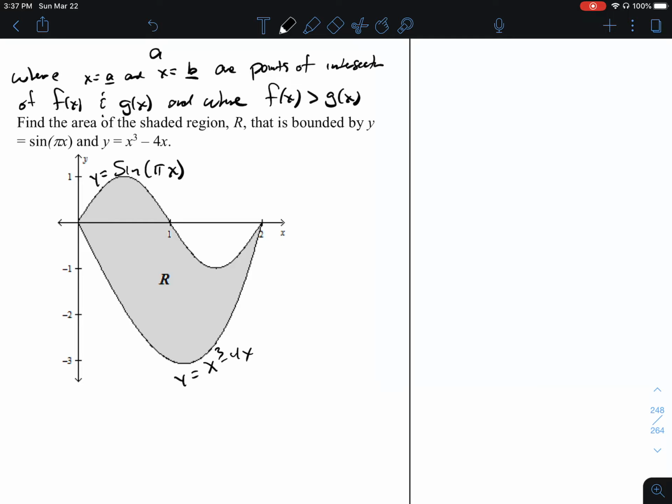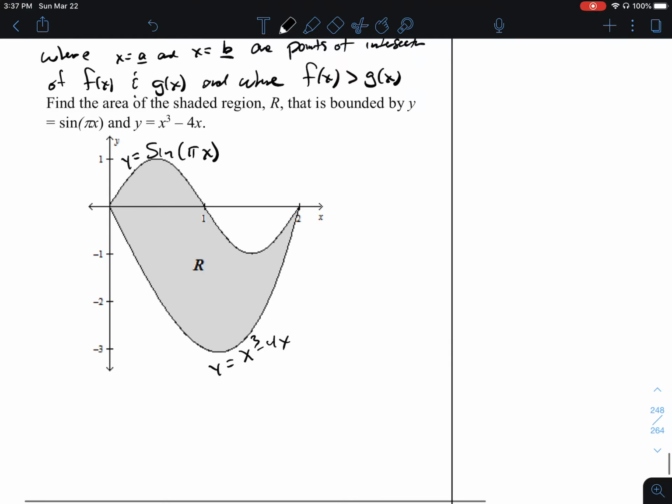So the first thing you want to pick out is where these curves intersect. If it says find the area bounded by the curves, that means these curves are creating boundaries, and where they intersect each other, which is right here at x equals 2. Let me say that b equals 2, which is still an x value.